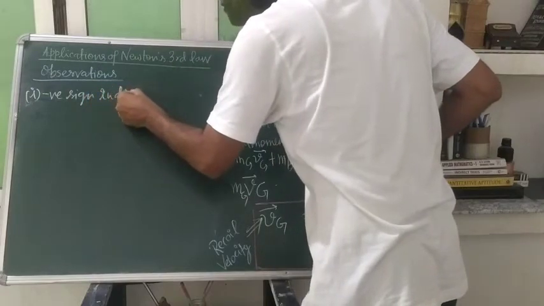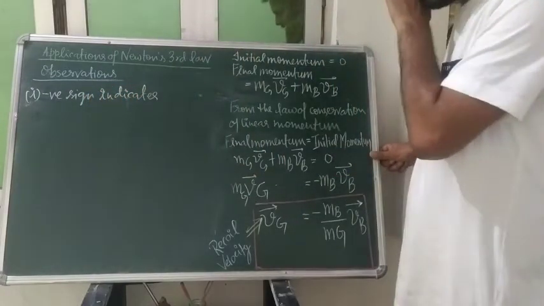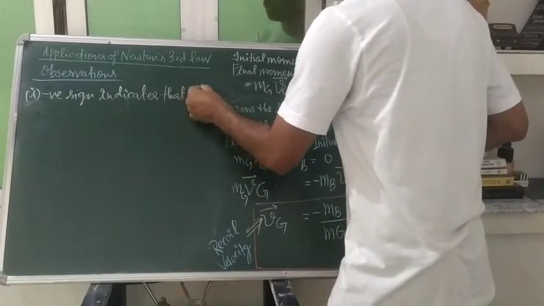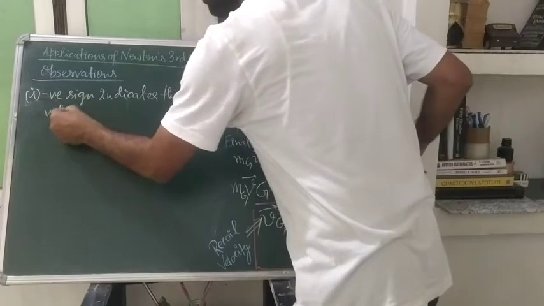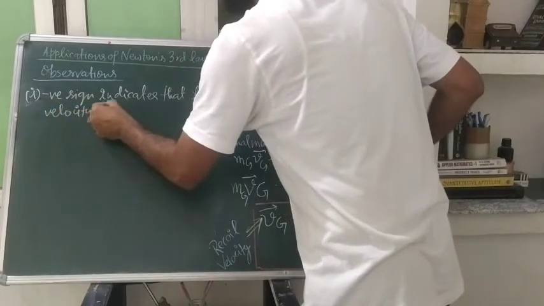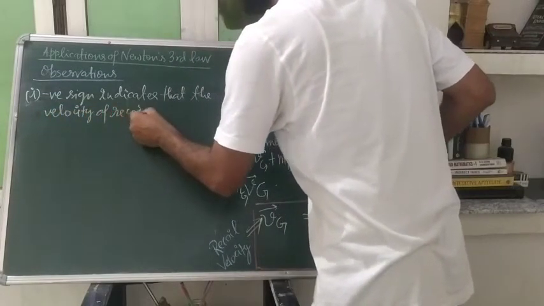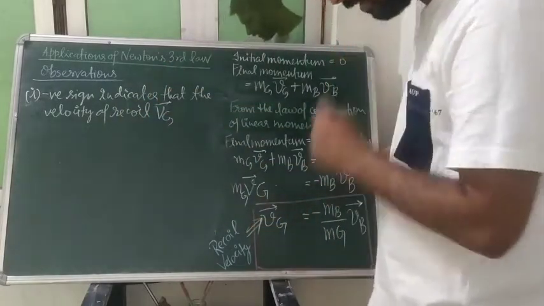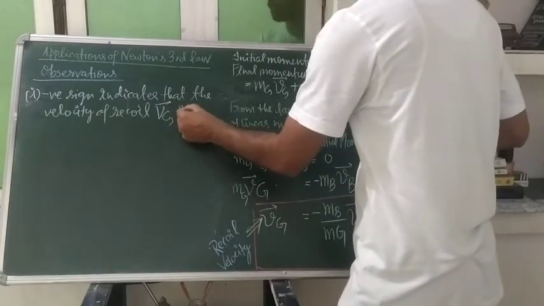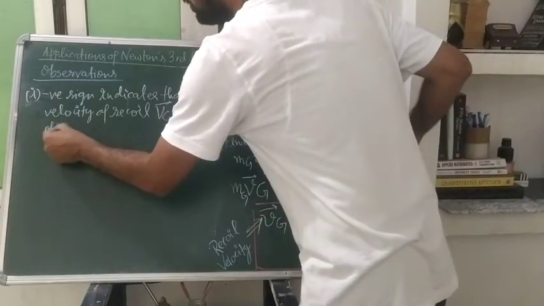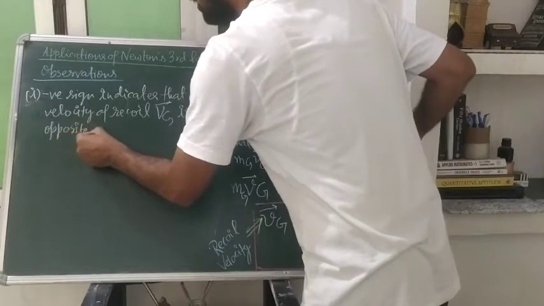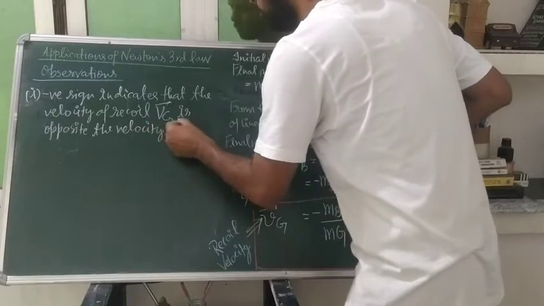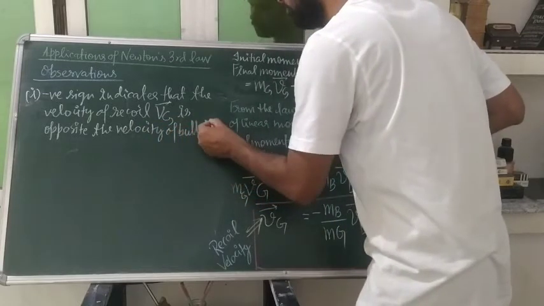indicates that the velocity of recoil, what is the velocity of recoil? Vg, velocity of gun, is opposite to the velocity of the bullet, and the velocity of that bullet is what?